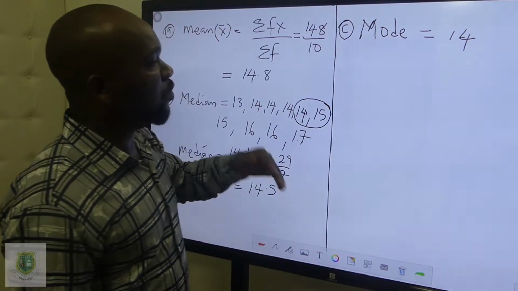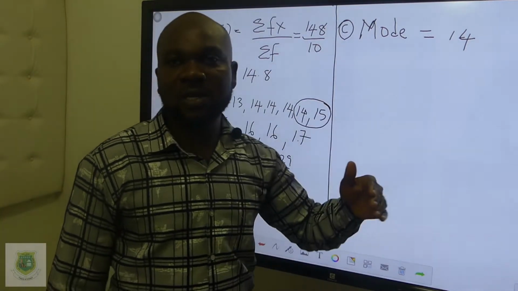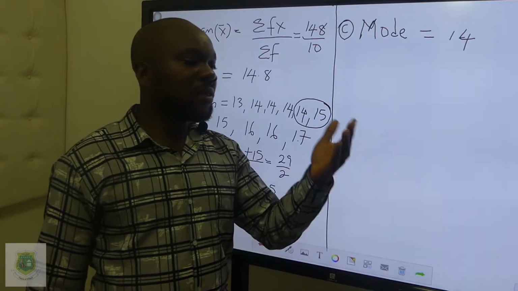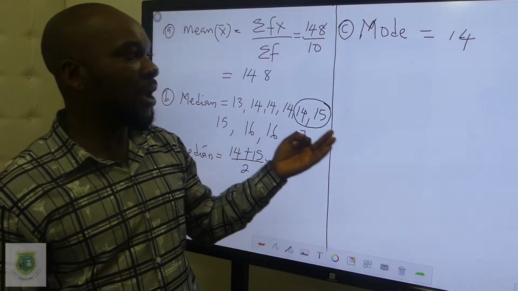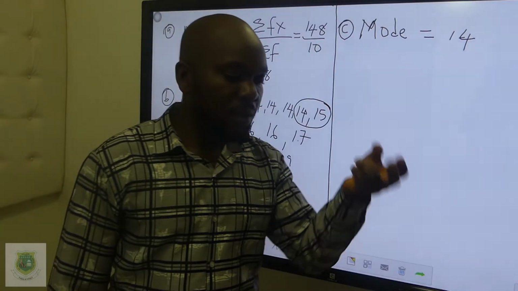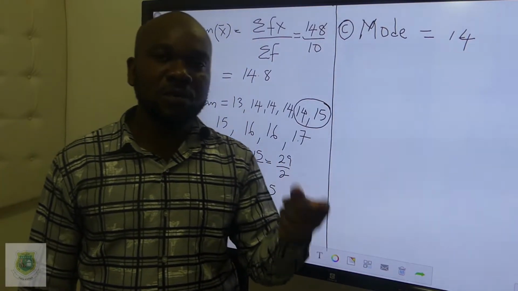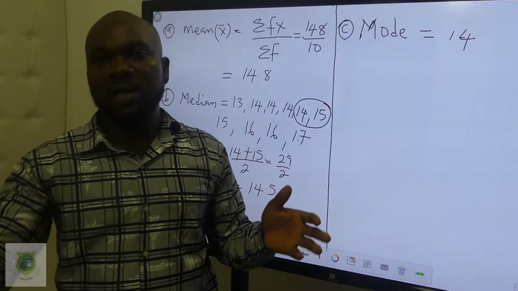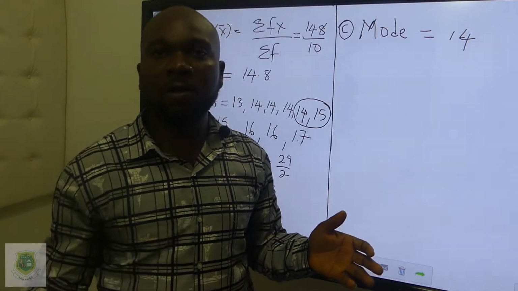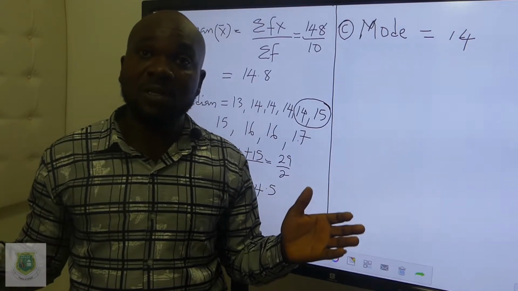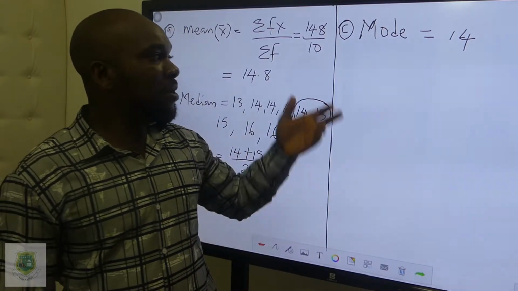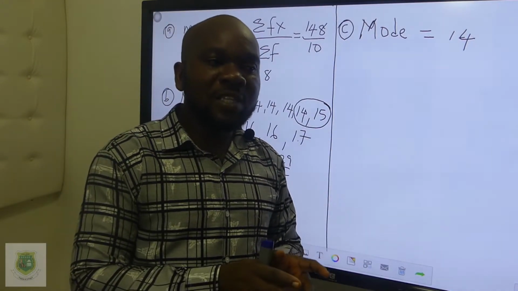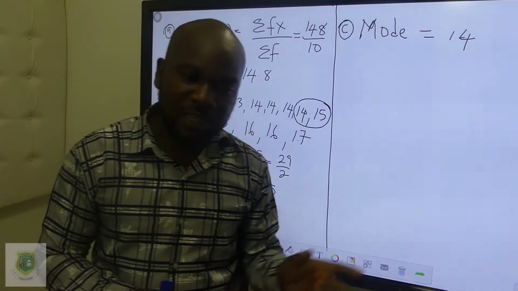Then, that is what we call measure of central tendency. I told you that in measure of central tendency, 3 things are involved: the mean, the median, and the mode. The mean is the summation of the numbers divided by the number of elements in that set. The median is the number at the middle when you have arranged them in ascending or descending order.